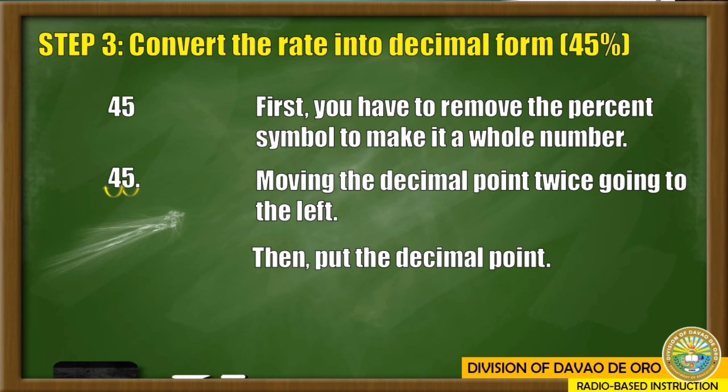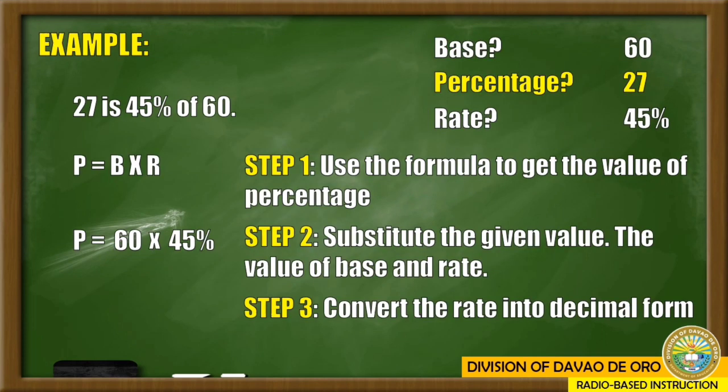Then put the decimal point, and it will happen like this: 0.45. Understood? Very good. So, what is our decimal form? Very good. 0.45. So, it will happen like this. Percentage is equal to 60 times 0.45. Understood? Very good.